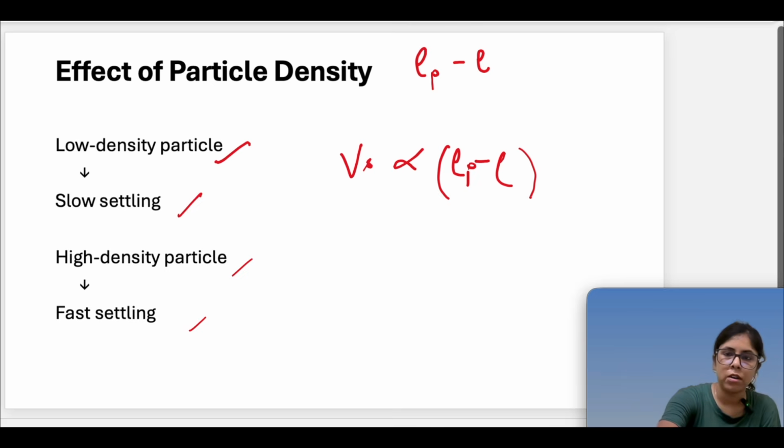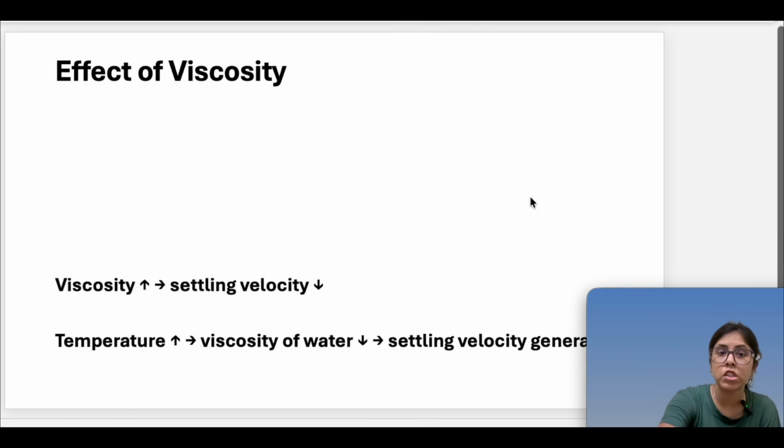Right. Now let's move on to the next one, which is the effect of viscosity on the settling velocity. The relationship between settling velocity and viscosity is 1 upon mu, so it's inversely proportional. Viscosity is denoted by mu.